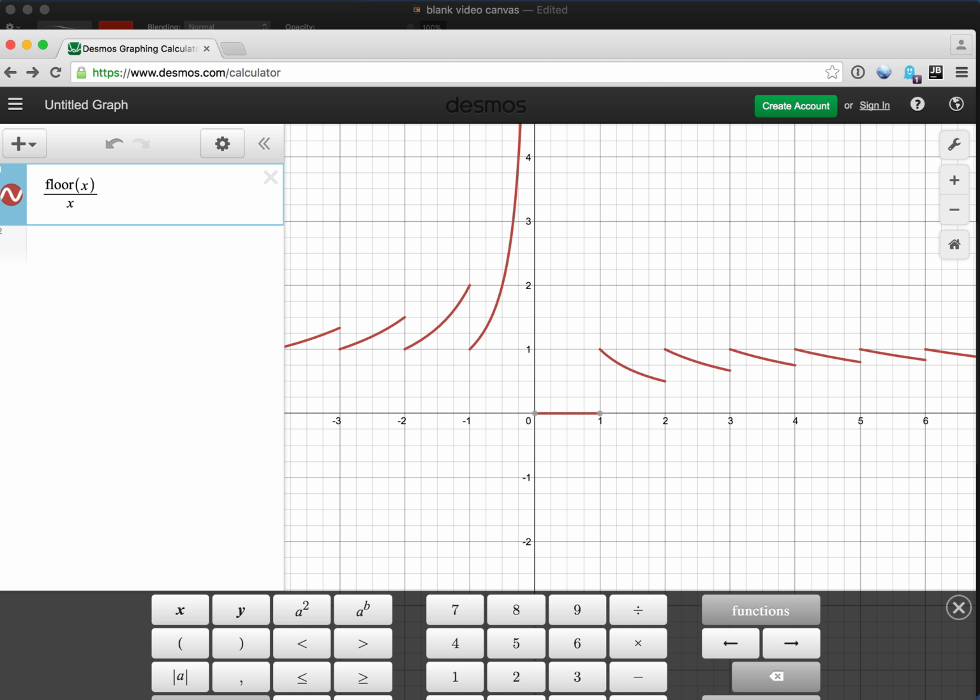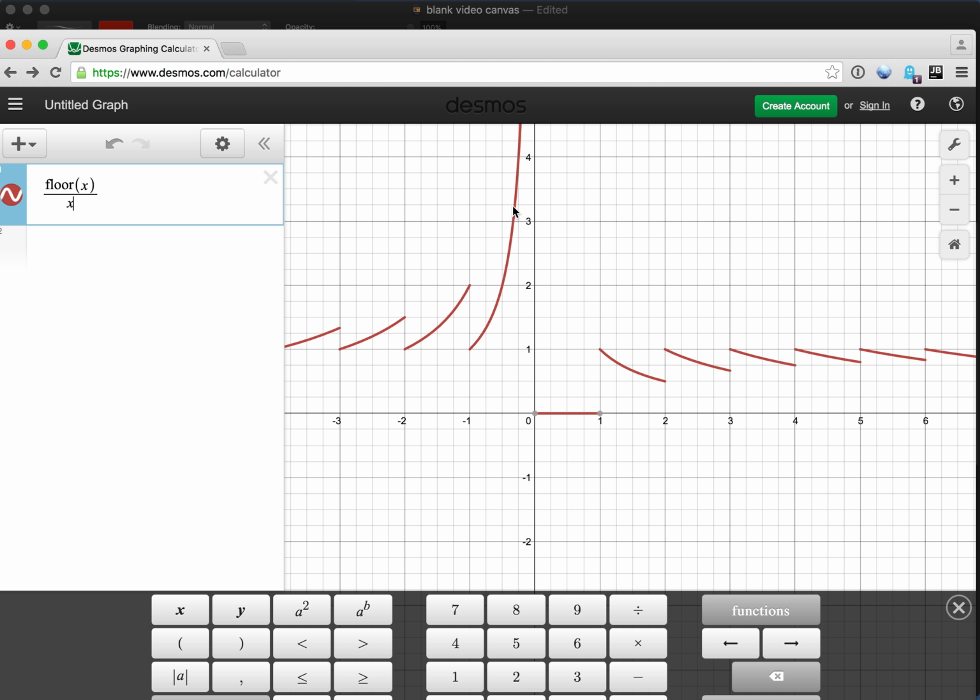I'll let you think about it. But think it through. What is the floor? Let's say x is between -1 and 0. What's the floor of all of those numbers? -1, right? So it's basically like having -1 over x for that interval right here.